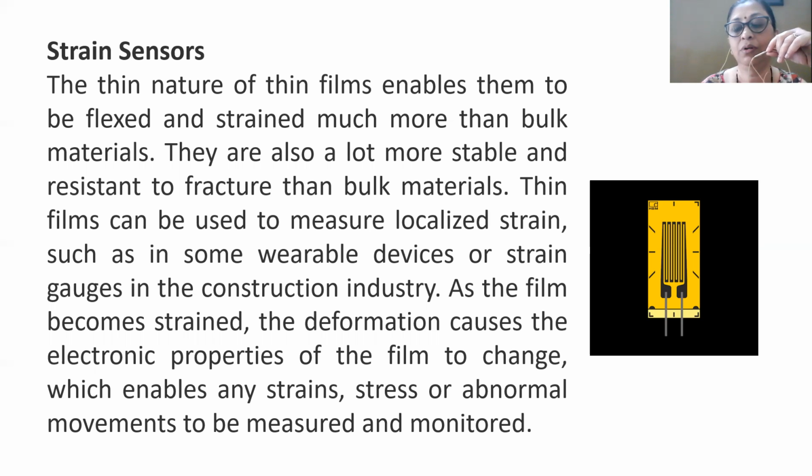As you know, the resistance of a metal is inversely proportional to the area of cross section and directly proportional to the length of the wire. So if strain is produced, this causes deformation of the material, and this deformation causes a change in resistance, because R is equal to rho into L upon A.